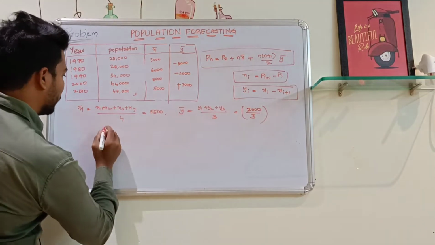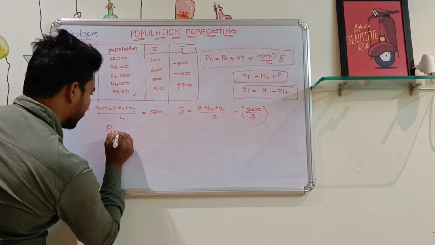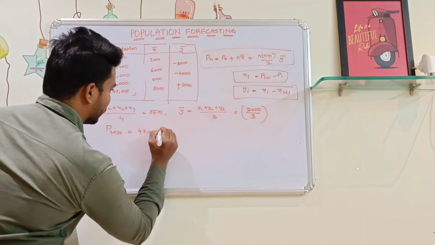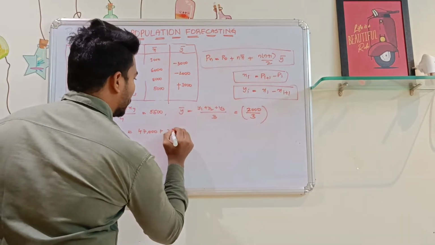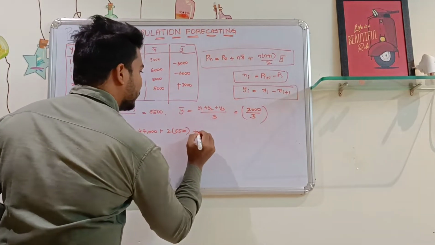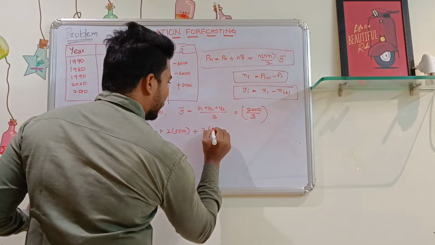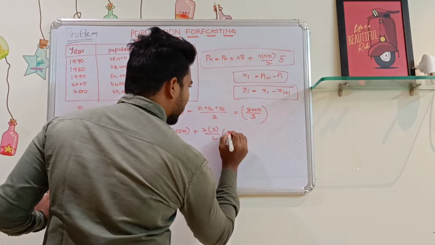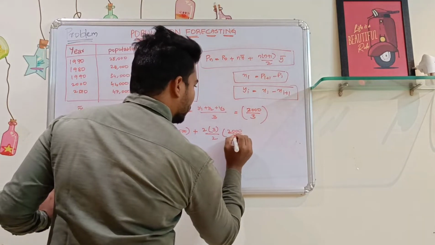So substitute all this in the formula. Population in 2030 is equal to latest known population plus n into x bar, 2 into 5500, plus n into n plus 1 by 2 y bar. Y bar is 2000 by 3.